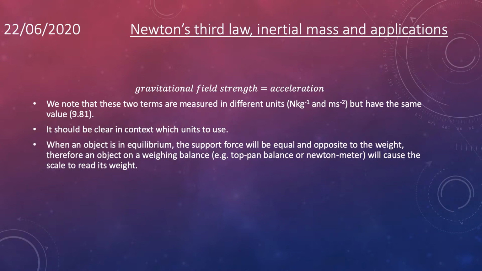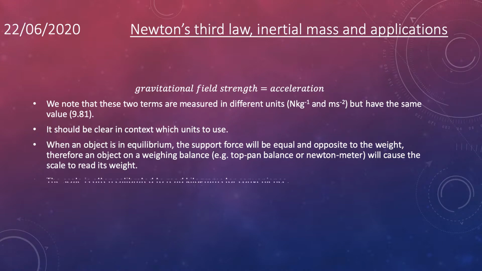When an object is in equilibrium, the support force will balance the weight. It will be equal and opposite. Like we saw in the table with the book on, the support force is equal and opposite. So if we had an object on a weighing balance, like a top pan balance or a Newton meter, it would cause the scale to read its weight.